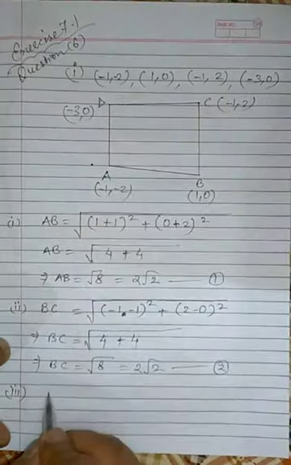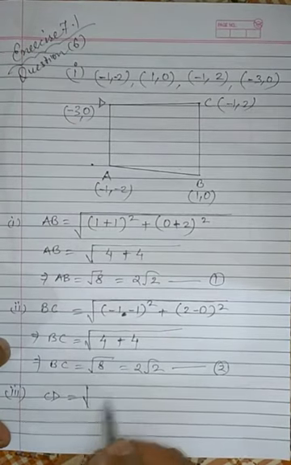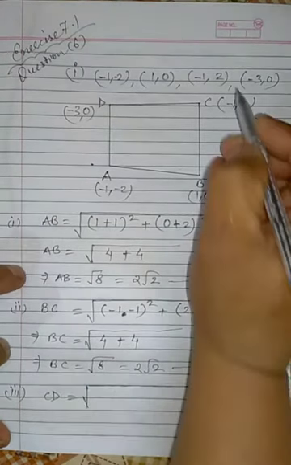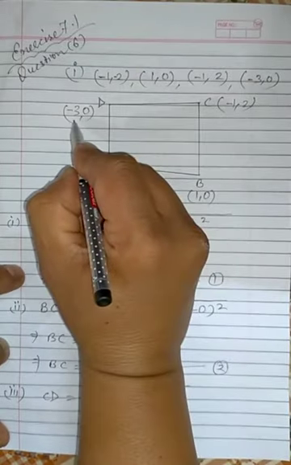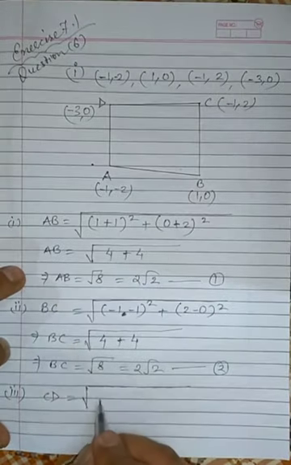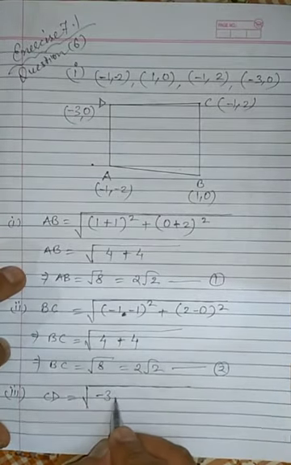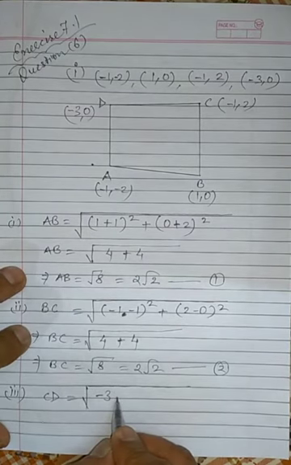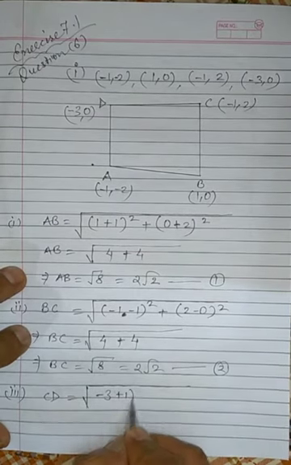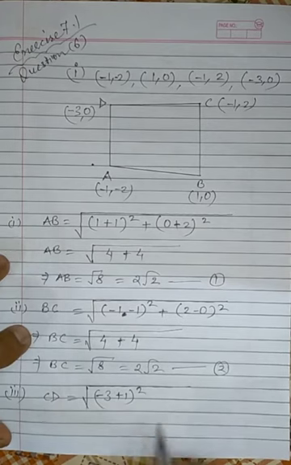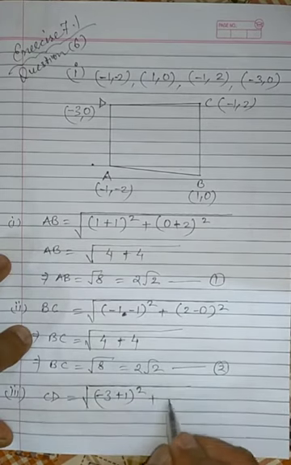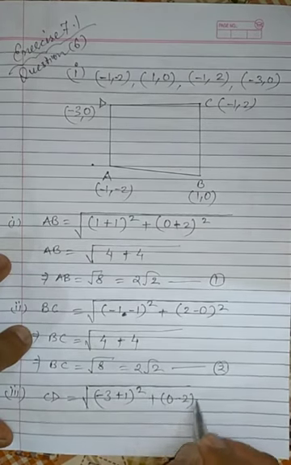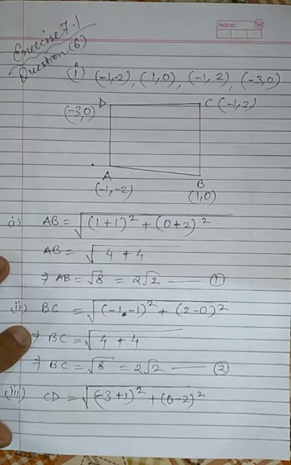We have CD. CD is equal to under root (-3 minus -1, meaning plus 1) whole square plus (0 minus 2) whole square.